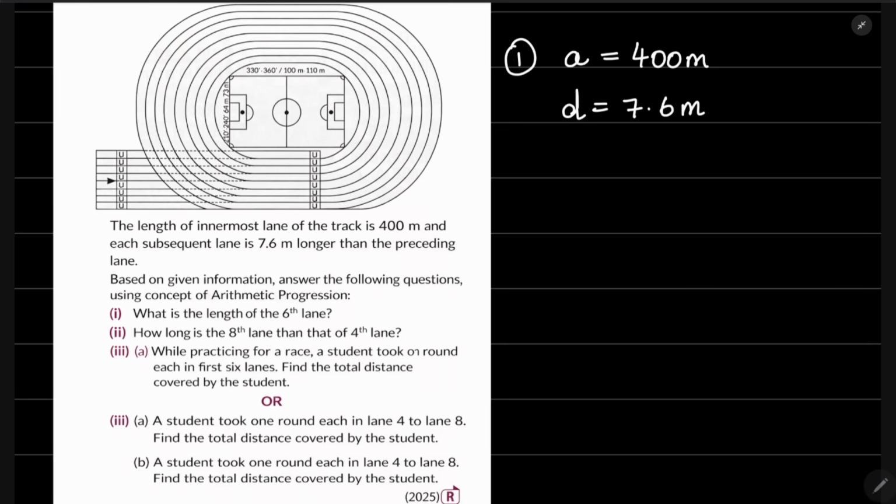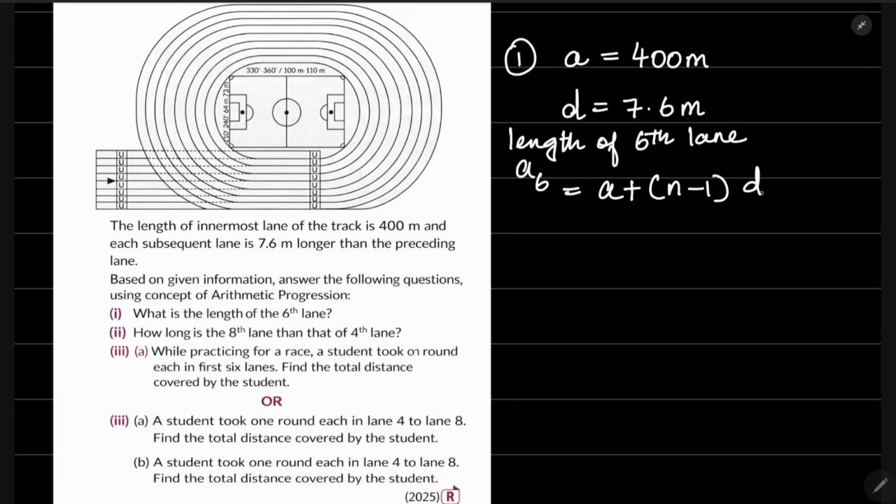Now you have to calculate the length of the sixth lane, which is A6. It's given by A6 = A + (N minus 1) into D. What is A? 400 plus, what is N? N is 6.